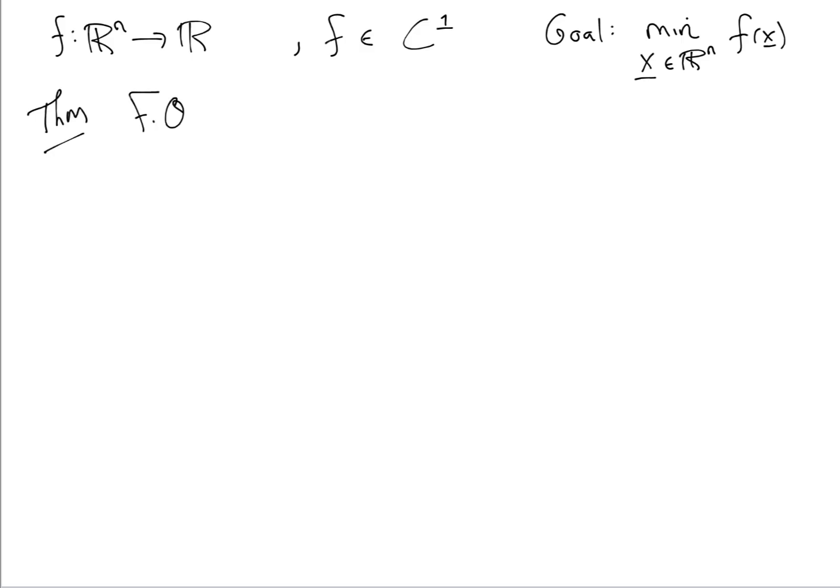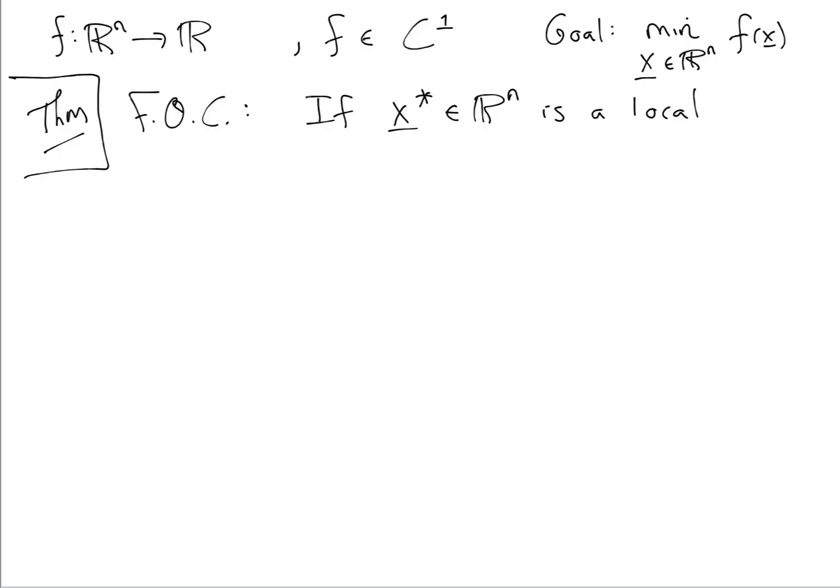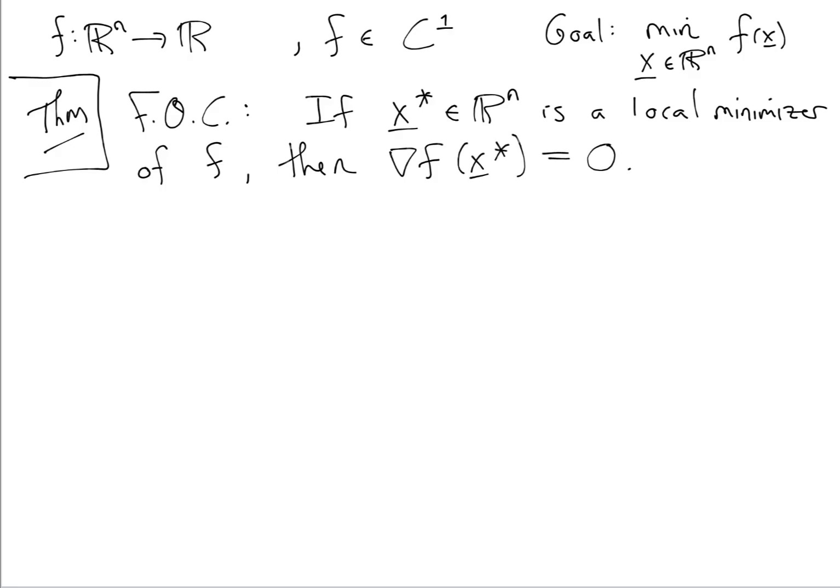Our theorem for our first order conditions is the following. If x star in Rn is a local minimizer of f, then the gradient of f at x star equals 0.